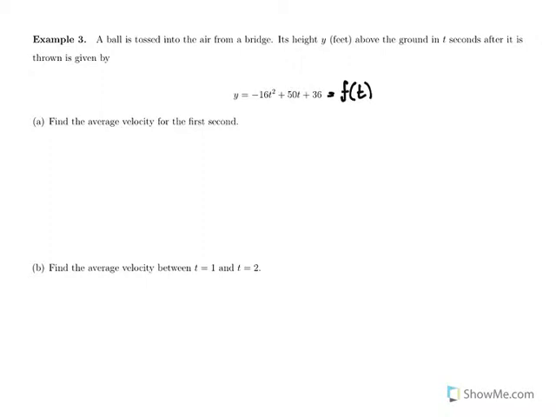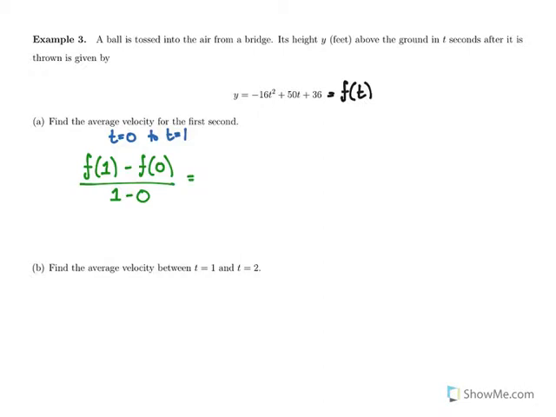So the first question says, find the average velocity for the first second. That is from t equals 0 to t equals 1. And we know that the average velocity is going to be f of 1 minus f of 0 over 1 minus 0.